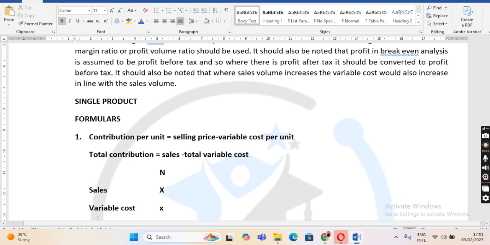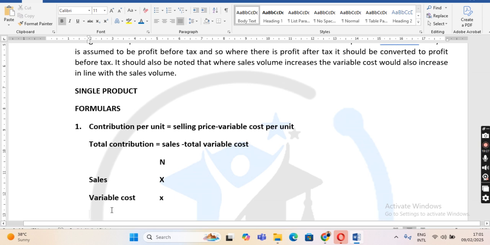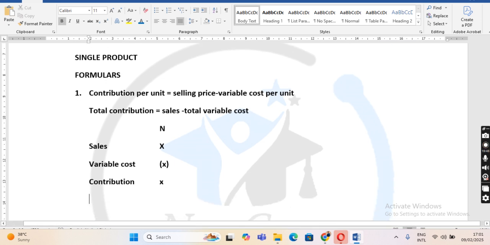I'm putting it in another format. Then you have your contribution, that is your total contribution, right? Your sales minus this gives you contribution. Don't forget that this is total sales, total variable cost, total contribution.